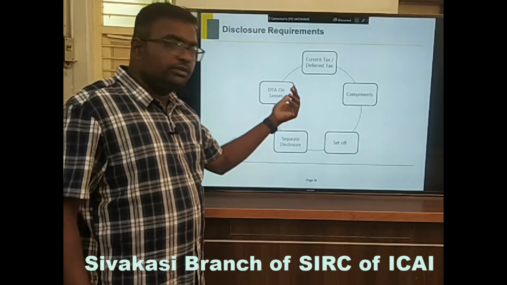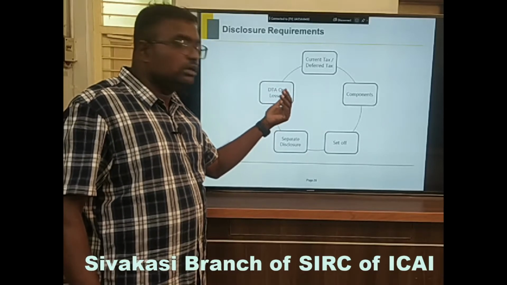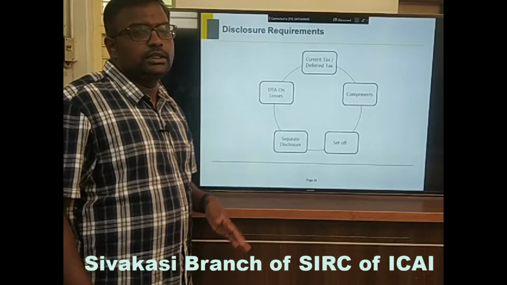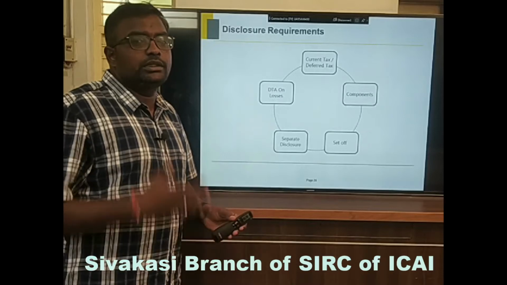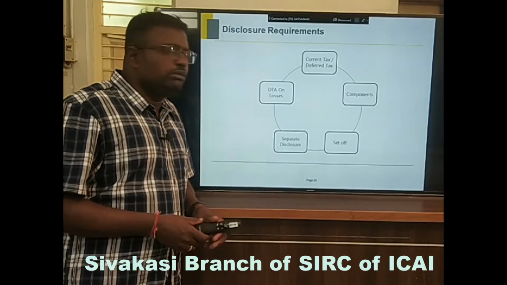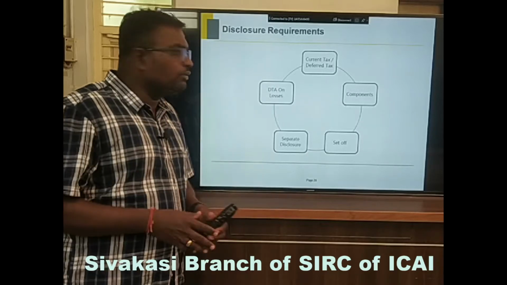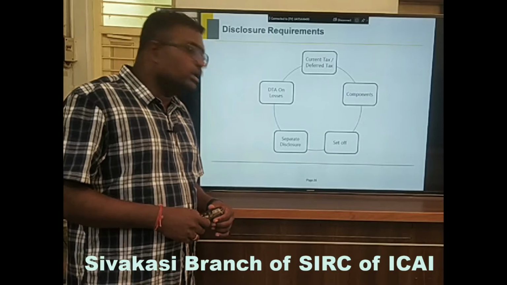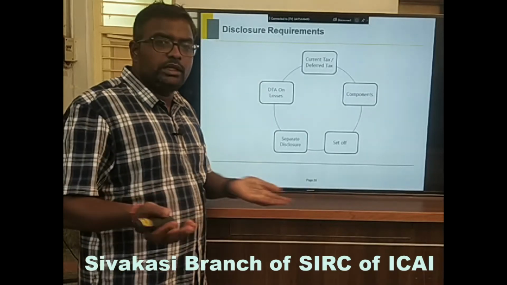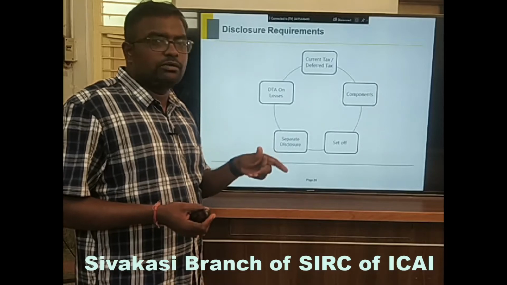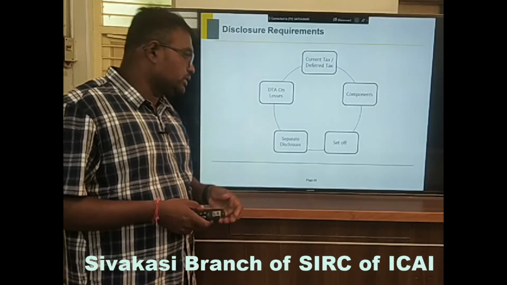If you recognize deferred tax asset on losses, you are supposed to disclose in the financial statements how management is comfortable about earning taxable profit in the future, and how they are going to set off in the future. What is the business plan management has to make a profit in future and set off against this deferred tax asset.